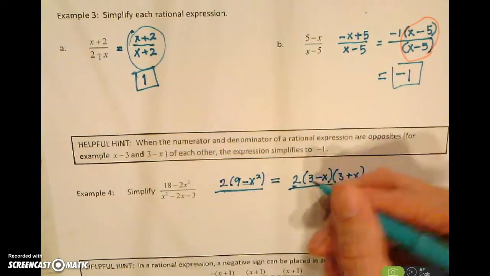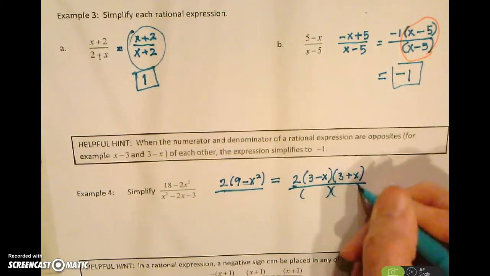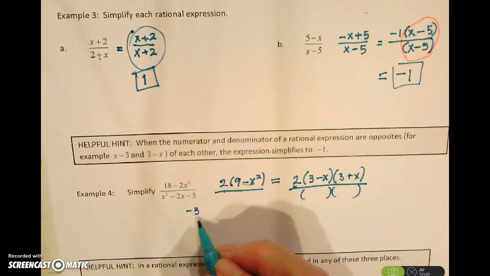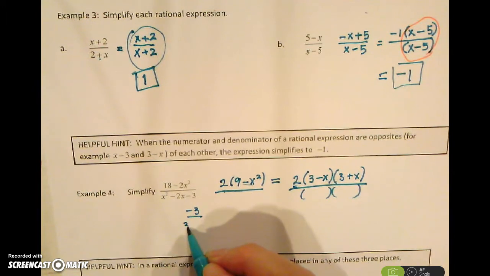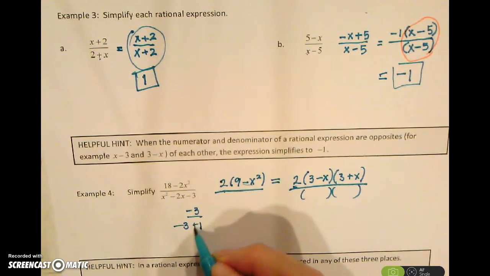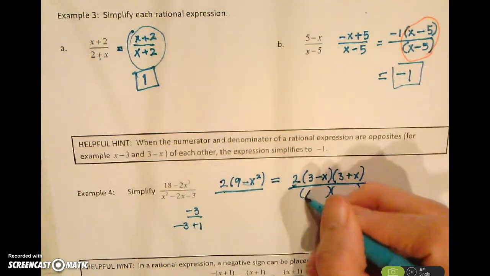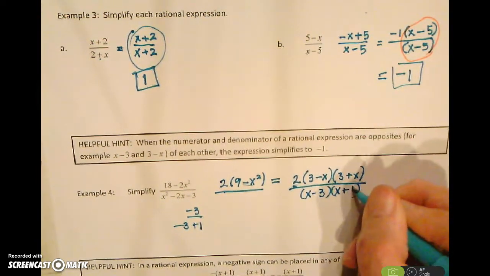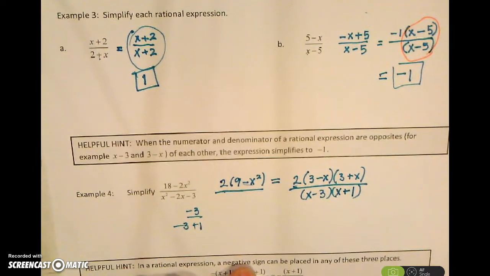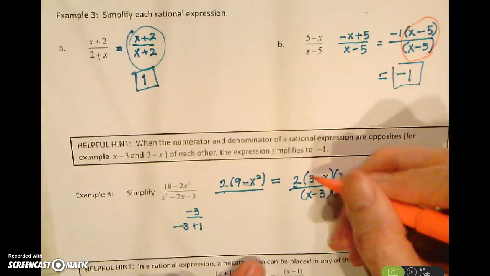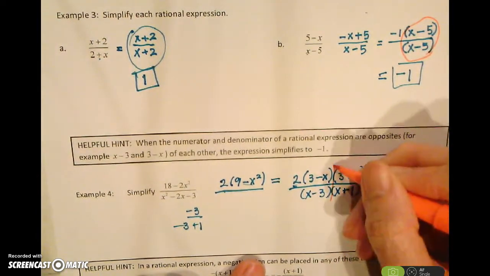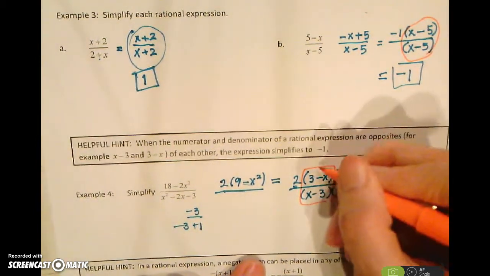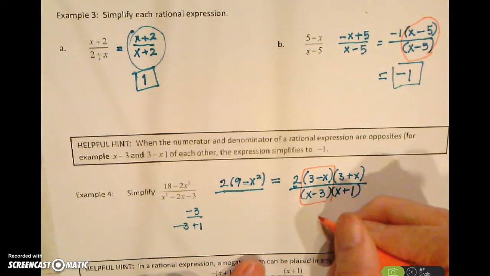It's going to factor into 2 parentheses. I want two numbers that multiply to be negative 3, so that's going to be a 3 and a 1, with the 3 negative and the 1 positive. So x minus 3 and x plus 1. All right, so now I see the x minus 3 and the 3 minus x, which are opposites, and I know that these are going to cancel to be negative 1.